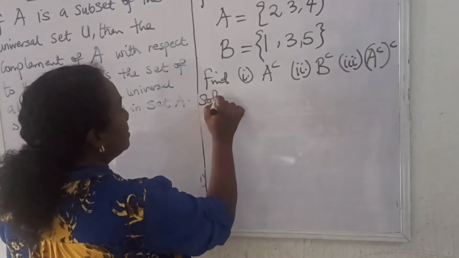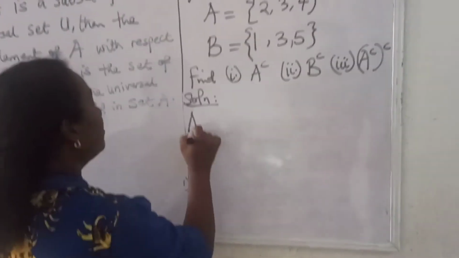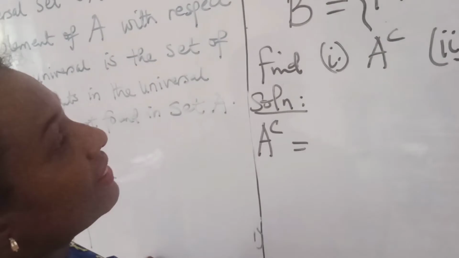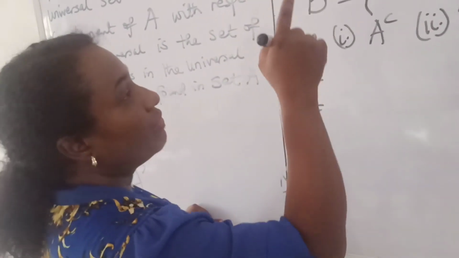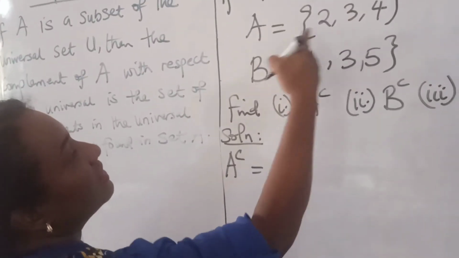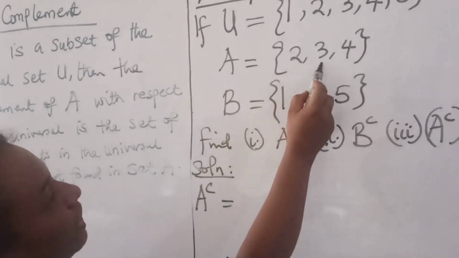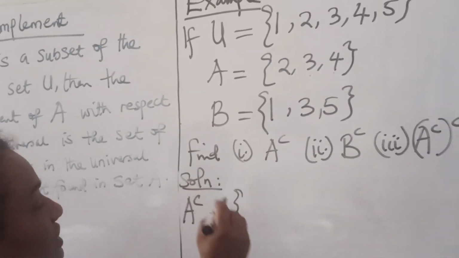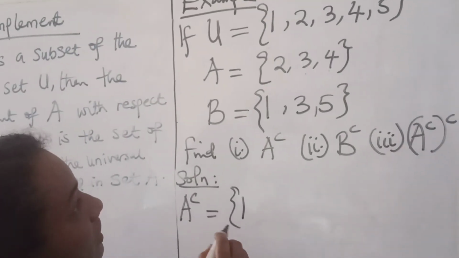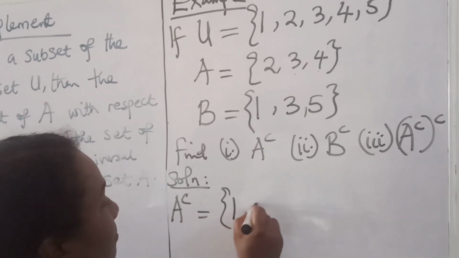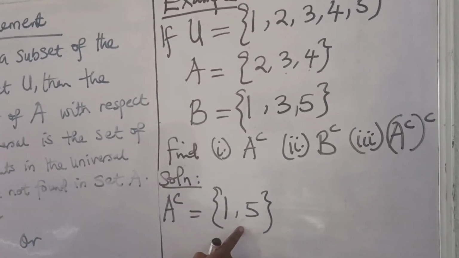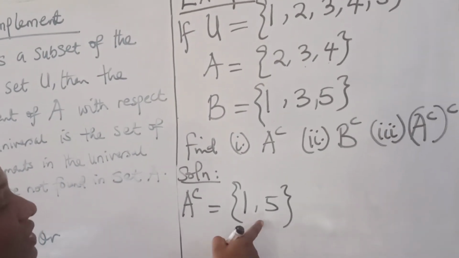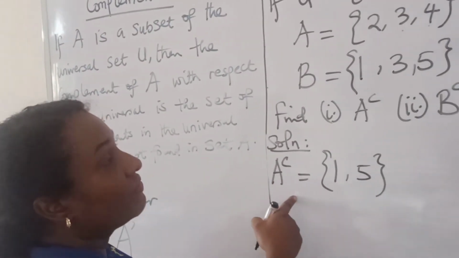So let's do this. A complement is a set of those elements that are in the universal set but not found in set A. Set A has elements 2, 3, and 4. Now, if you check in the universal set, you will see the element 1, the element 5. These elements are not found in set A, so it is the complement of A.